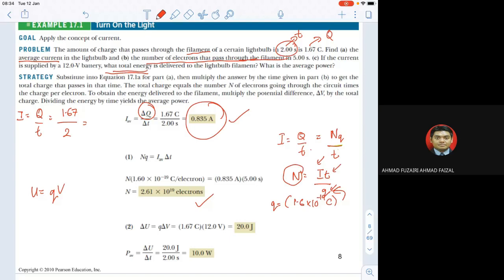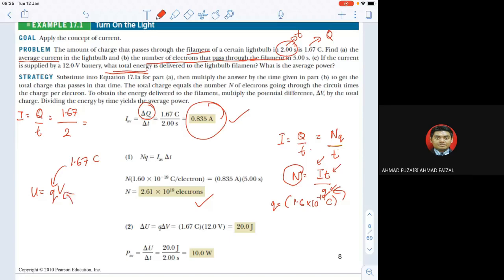The filament has 1.67 coulomb of charge, so you can replace Q with 1.67 coulomb, because it doesn't involve any electron here. Now back to the real question, the filament contains 1.67 coulomb of charge.